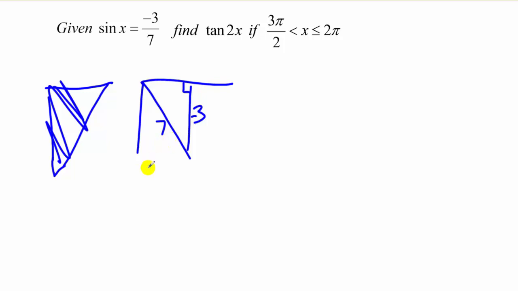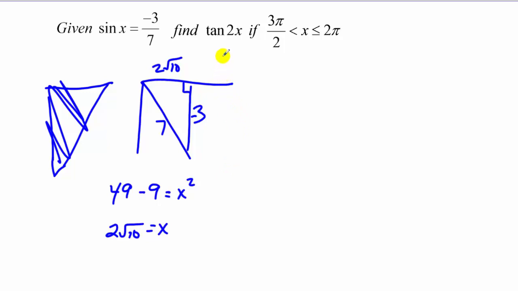That guy's going to be negative. So I have 49 minus 9 is equal to x squared. So I have 2 root 10 equaling x. From there I can get anything I need.